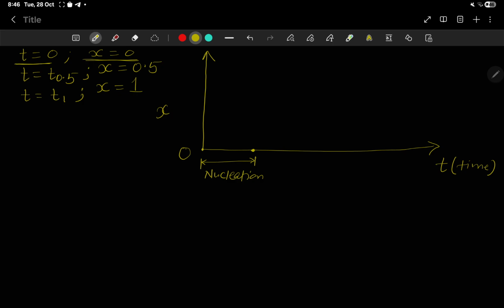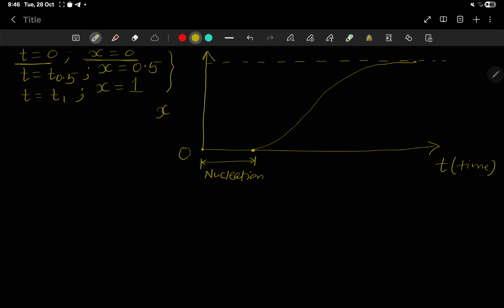And after this, we will get the variation of x with respect to time. We will get our curve like this. It will touch here asymptotically.